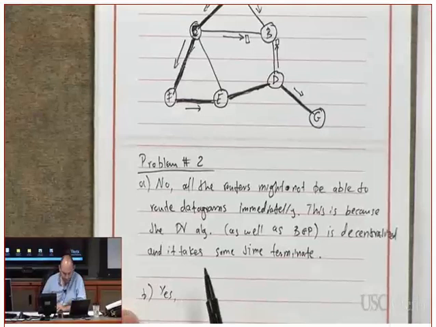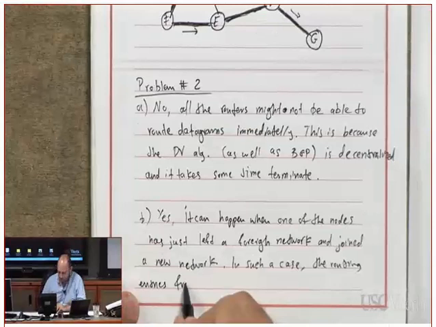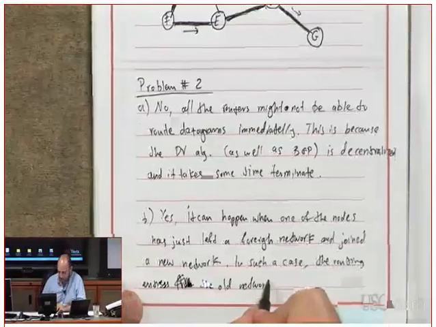So the time it takes to learn a path to the mobile node depends on the number of hops between a given router and the edge router of the foreign network where the node is going to.